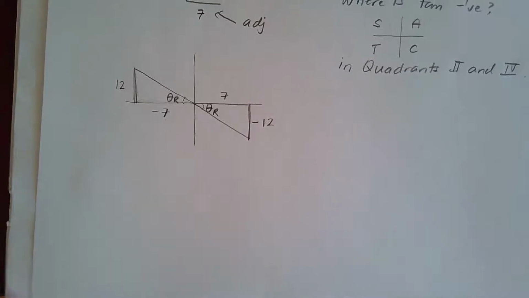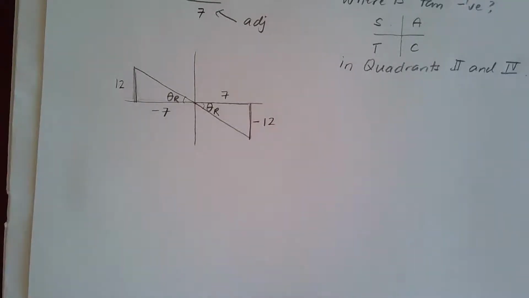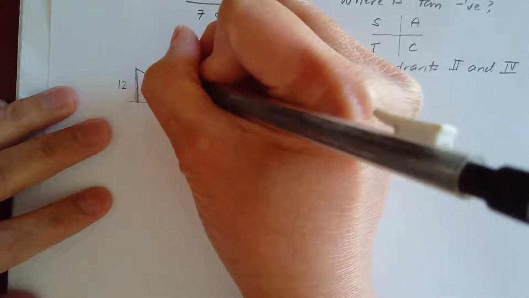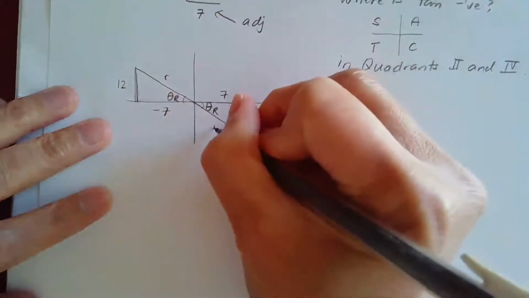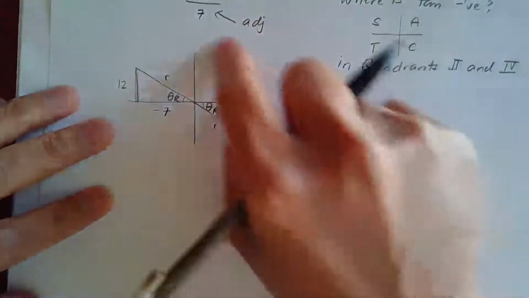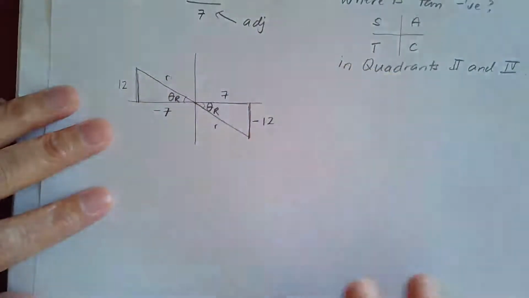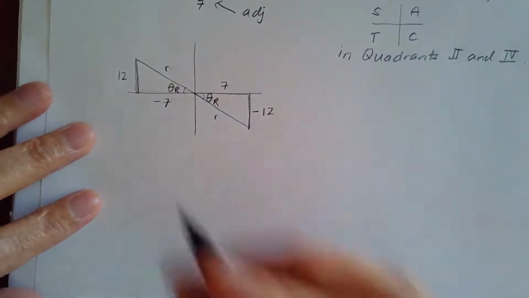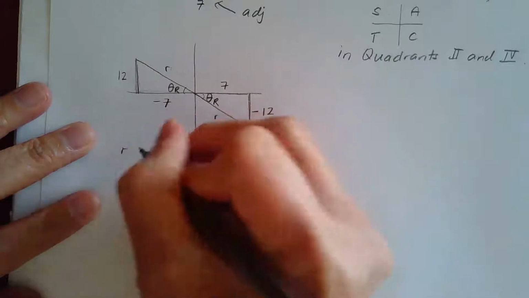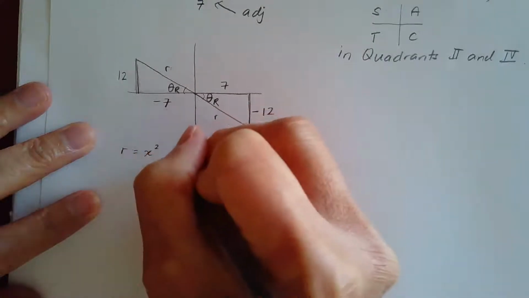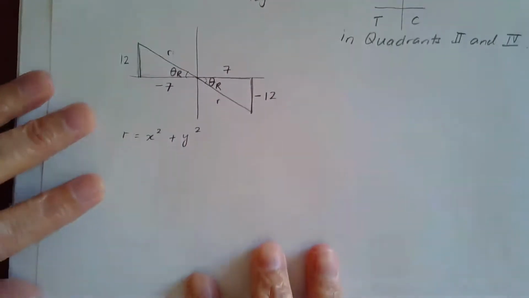Okay, so what can we do? Well, we're missing the radius here. If we have a circle around here, we're looking for the r. So how do we figure out the r? r squared is equal to x squared plus y squared.